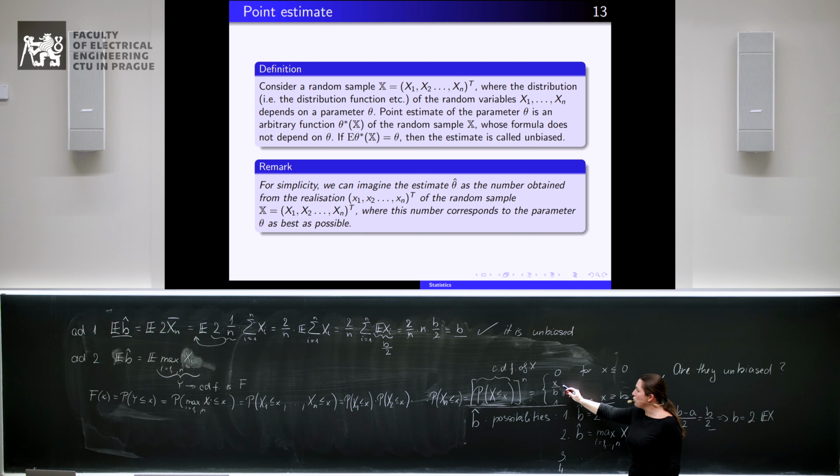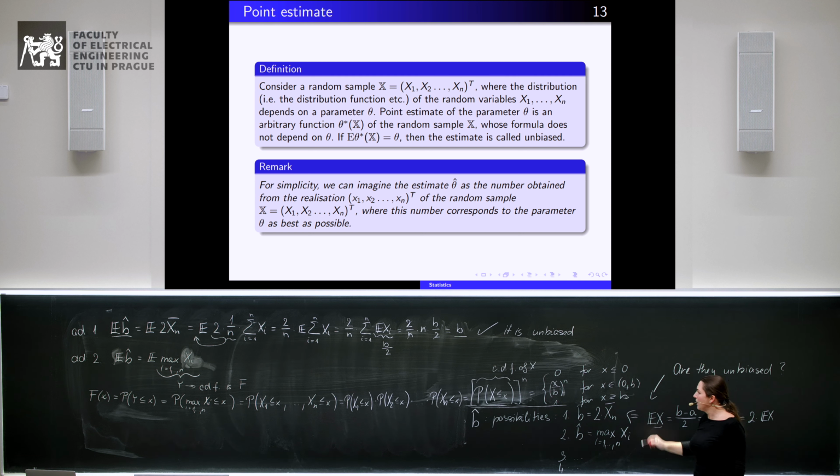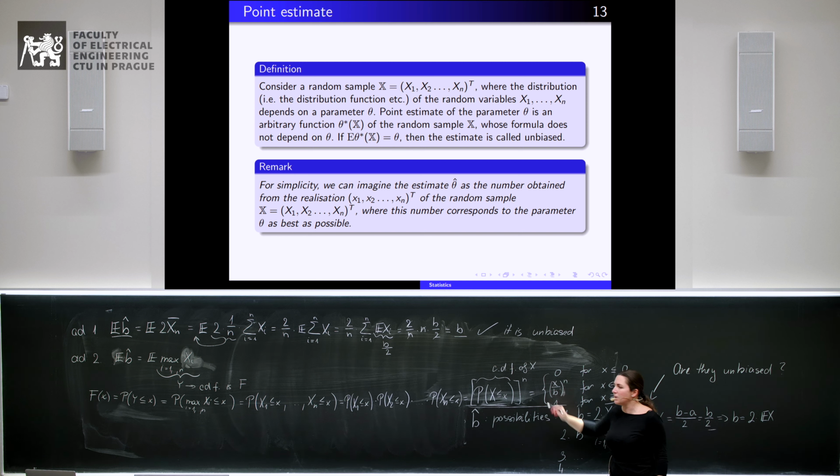So this is the distribution function for X, and we must raise it to the power n. When x is from the interval 0 to b, the distribution function is x over b, so the nth power is (x over b) to the n.